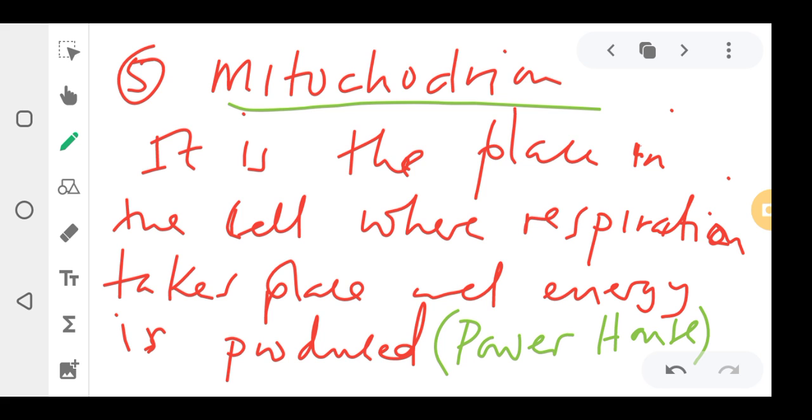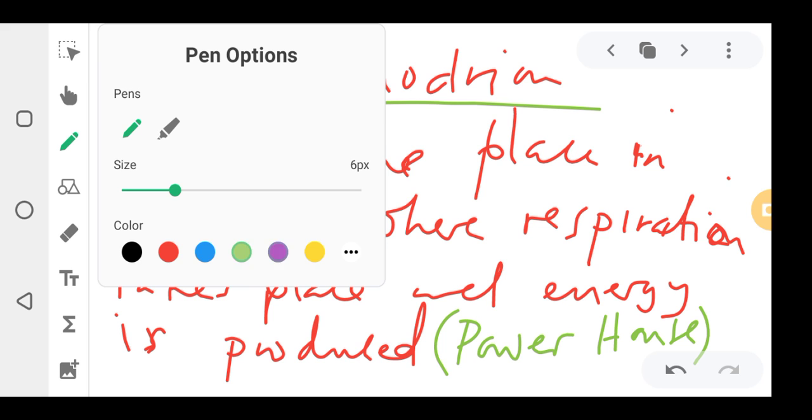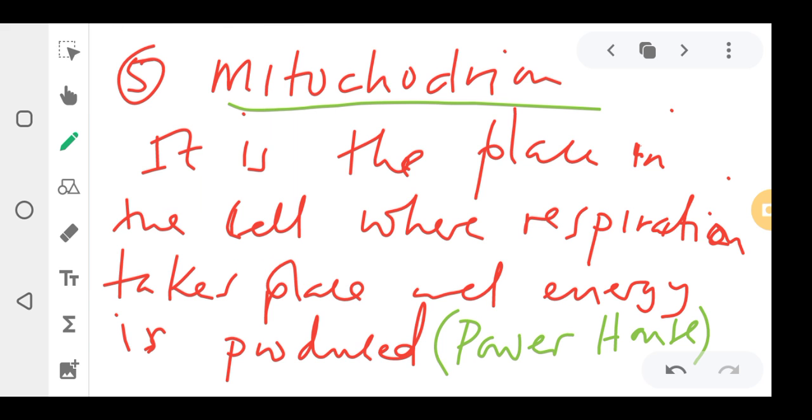They can ask you which part is sausage-like in structure. This same thing is sausage-like in structure.